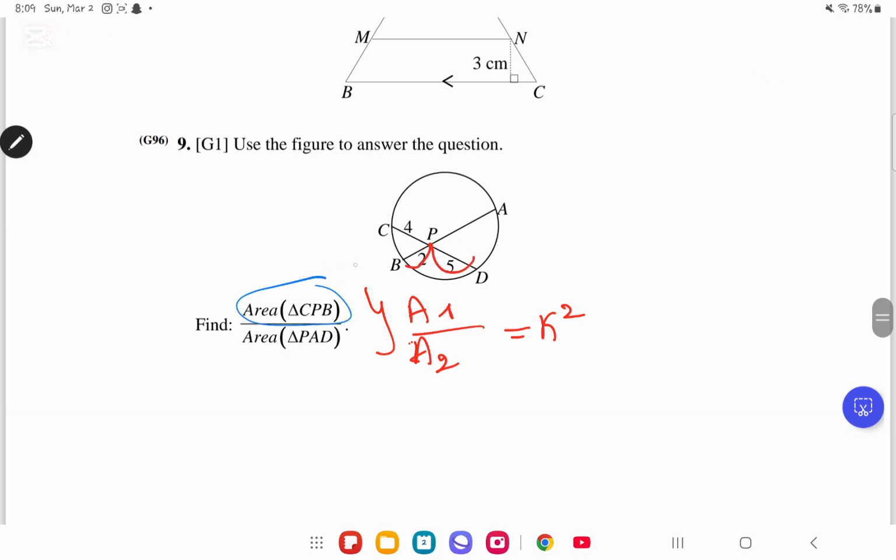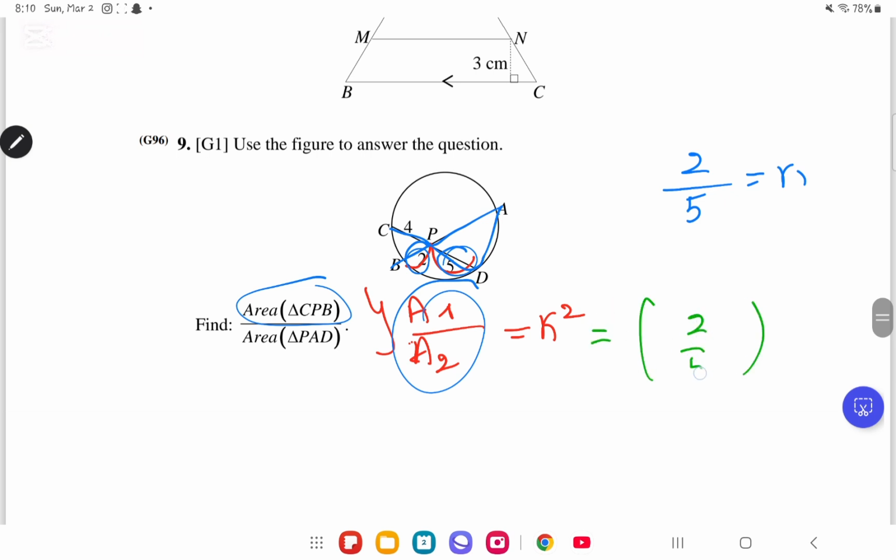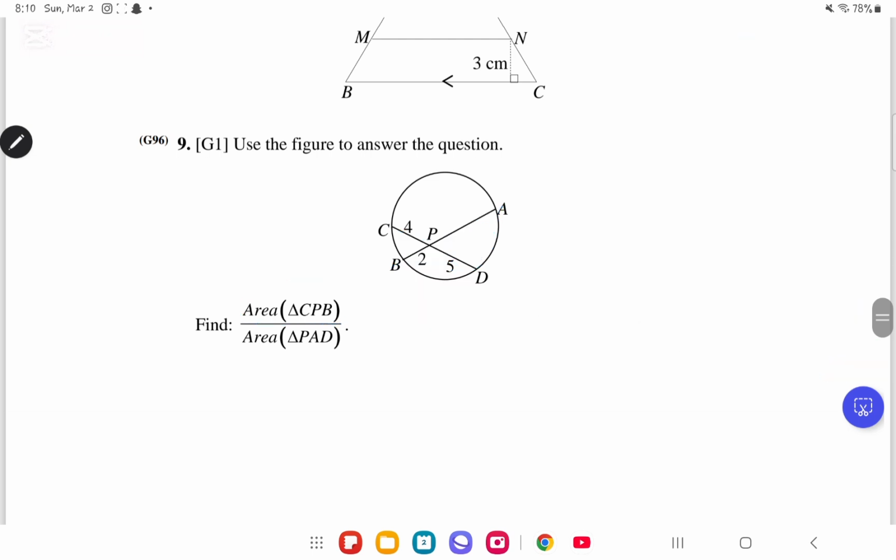So for the area of CPB, you take the side in CPB, which is 2, over the area of PAD, so you take the side that is in triangle PAD, which is 5. So 2 over 5 is equal to the constant K. That means the ratio of area 1 over area 2 is equal to the constant squared, which is 2 over 5 squared, which is then 4 over 25.